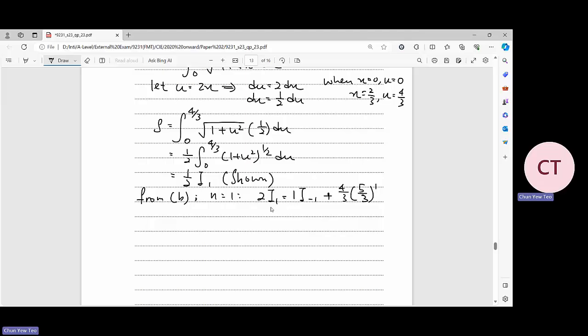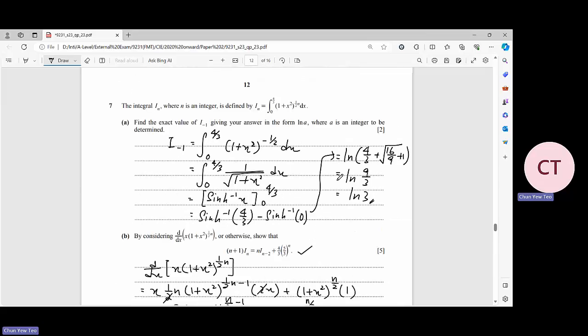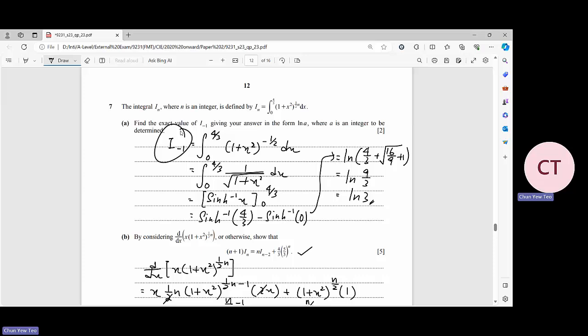Then your I1 will be half of I negative 1 plus 2 over 3 multiplied by 5 over 3. Just use the I negative 1 that we already have in part A. Part A, we already have I negative 1 is ln 3.